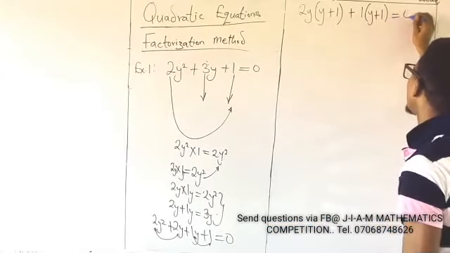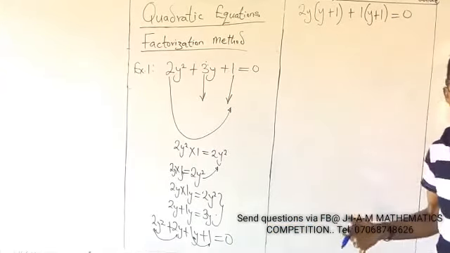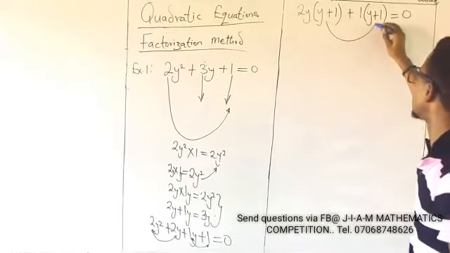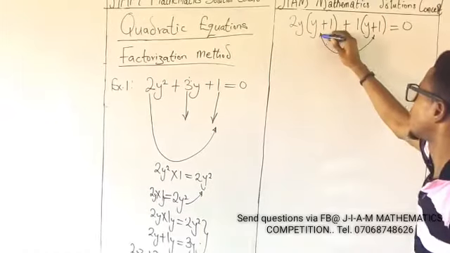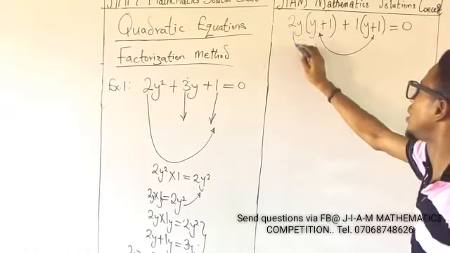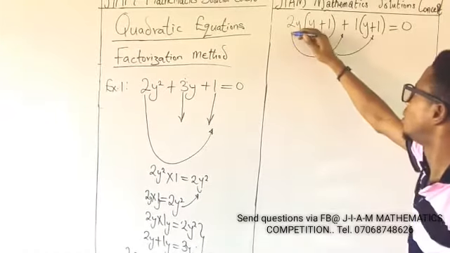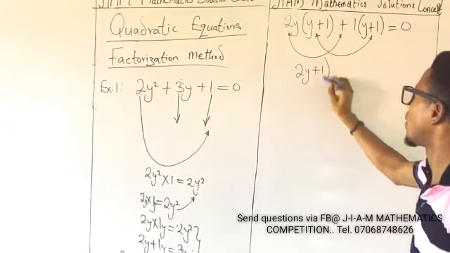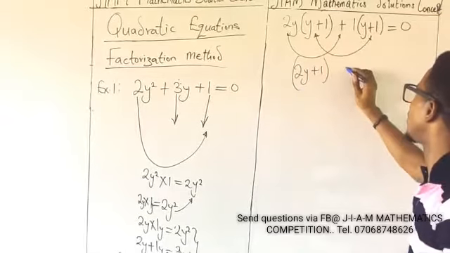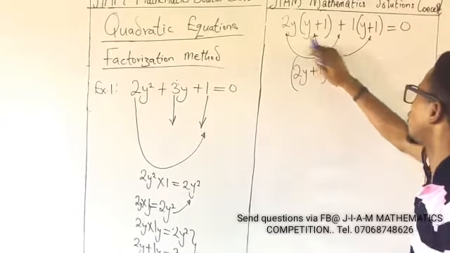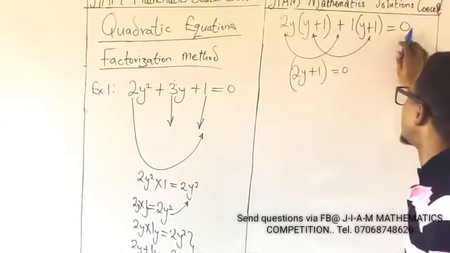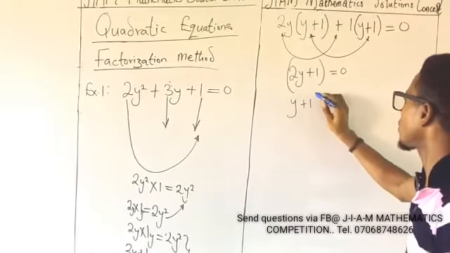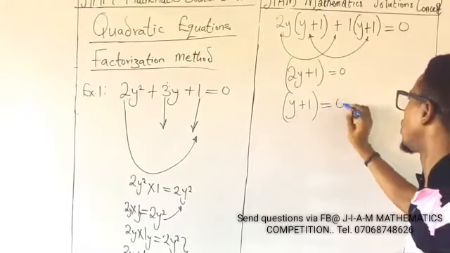Now many times when you're solving a quadratic equation, what gives you the confidence that you are solving correctly is when these two brackets are the same. So now you pick this with this. This is 2y plus 1, and you pick one of these, y plus 1, equals 0.